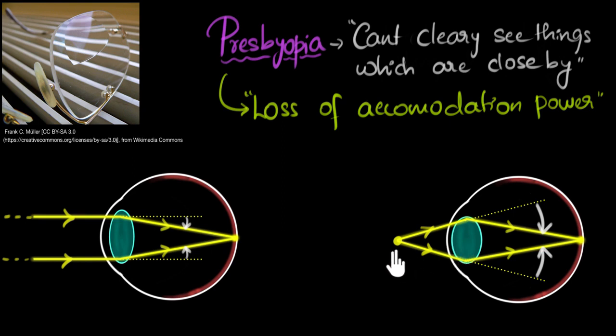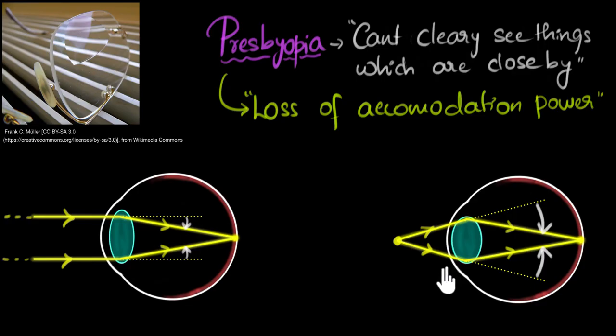On the other hand, if you're dealing with hypermetropia, or even myopia for that matter, that is not due to accommodation. It has nothing to do with accommodation. Those conditions are due to abnormal shape of the eyeball itself, or the abnormal shape of the eye lens. And we've spoken about this in great detail in a previous video.